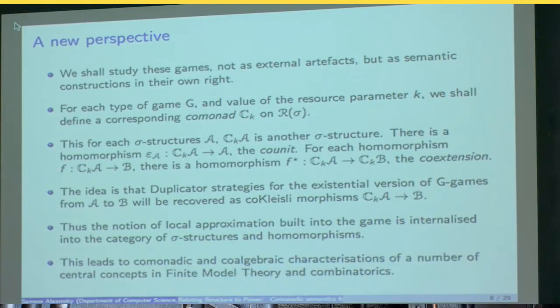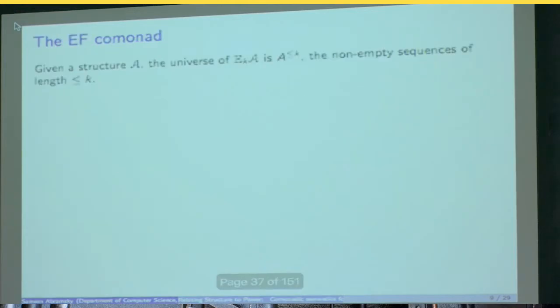So what this leads to in the first instance, which is what I'm going to present, is comonadic and co-algebraic characterizations of a number of central concepts in finite model theory and combinatorics. So we are going to be able to reach into some quite important combinatorial parameters, as well as this issue of syntax-free characterizations. So let's start with the Ehrenfeucht.